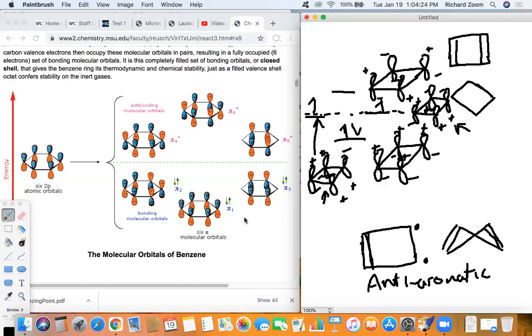The benzene situation is the best possible situation. And we're talking about the left version being anti-aromatic, and the right twisted one would be non-aromatic, correct? Yes, that's correct. That'd be non-aromatic. Why? Because it's no longer flat. Okay, thanks.